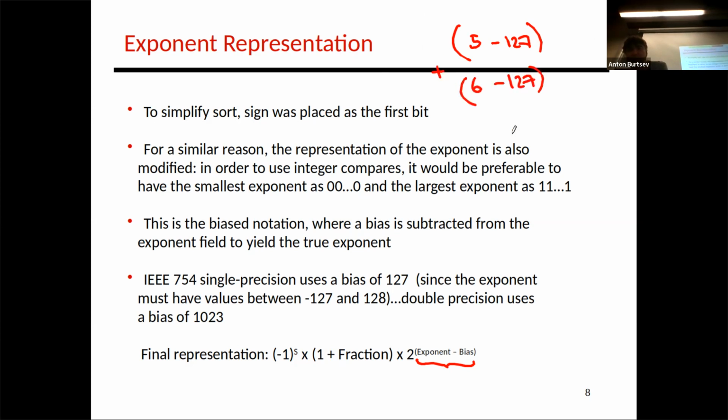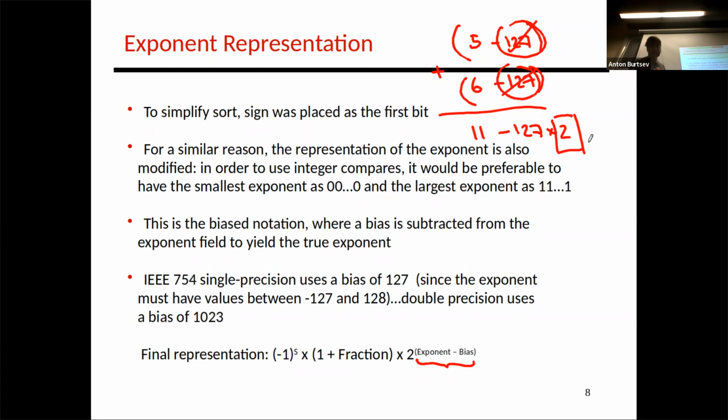You're adding them, and your goal would be to arrive at 11 minus 127. But if you blindly follow those rules, you will get this one twice. That's why you have to account for that. If you're adding just 2 numbers, you can just subtract the bias again. You can either get rid of the bias here and then introduce it back here, or just keep track of the bias and subtract it one more time. This prevents accumulation of bias, because it shifts you further away. Good point, and I forgot it actually.